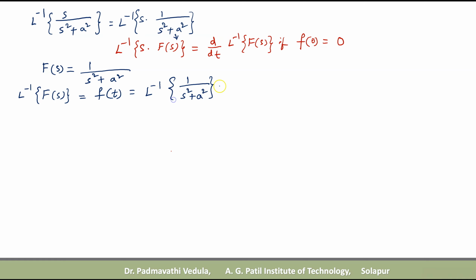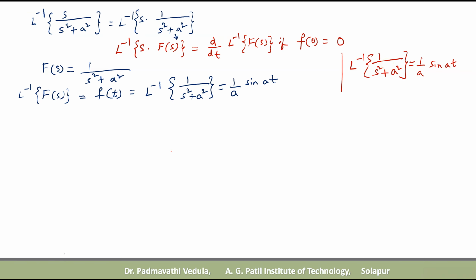So L inverse of 1 by s square plus a square equal to 1 upon a sin at, because this is the formula of inverse Laplace transform. This is already in the form of this formula, so we have written 1 by a sin at.